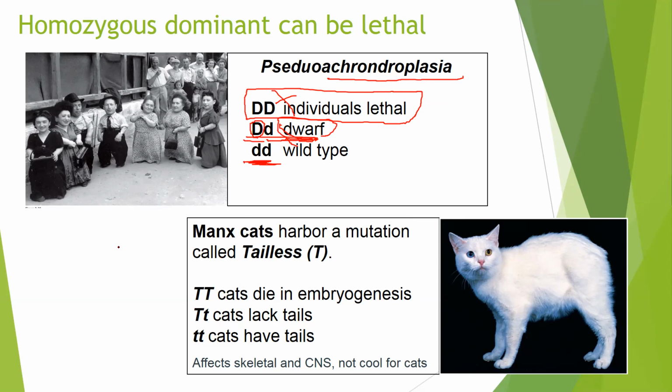All right, this is the same. In cats, there's one gene that determines the shape of the tail. The homozygous recessive little t will give normal cats with tails, and the heterozygous cat will lack a tail. But you never see this kind of genotype in cats because they are not viable.